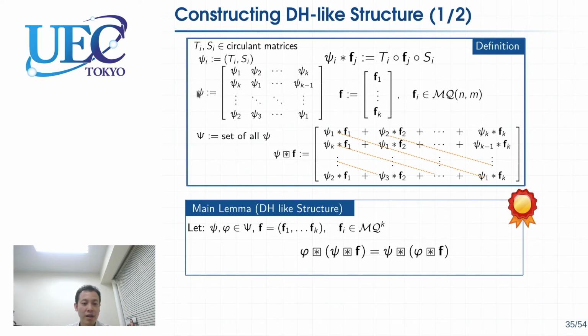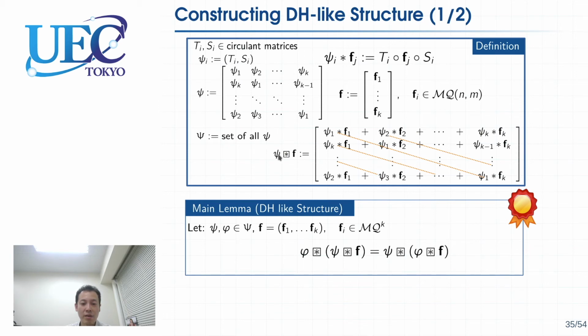And the larger matrix psi without index is the arrangement of these pairs of matrices in a circular manner. You can say it's rotating. The diagonal is the same, and it rotates in each row.